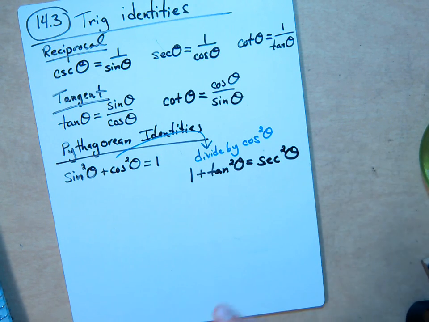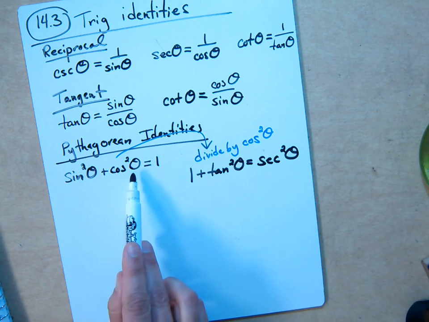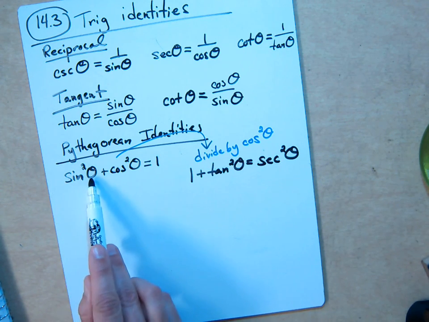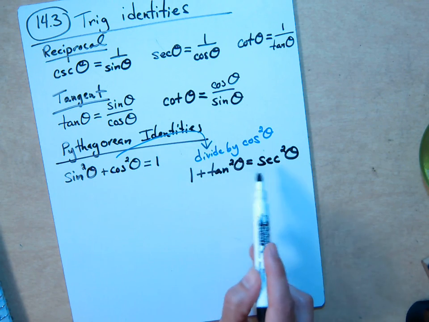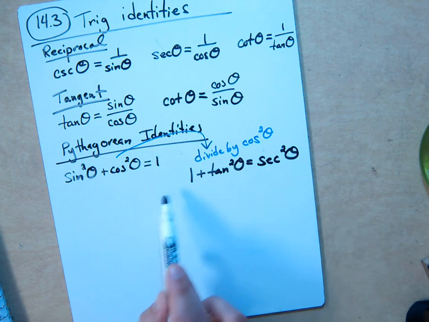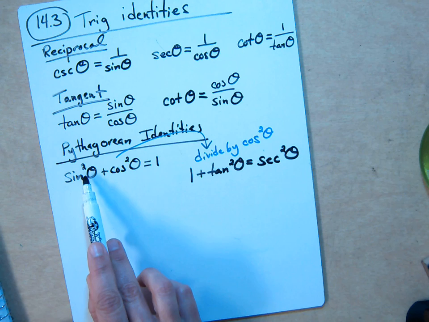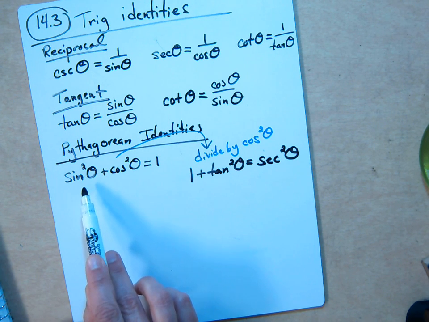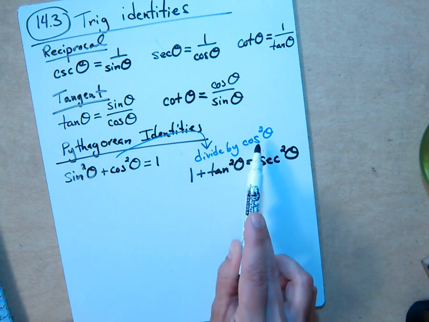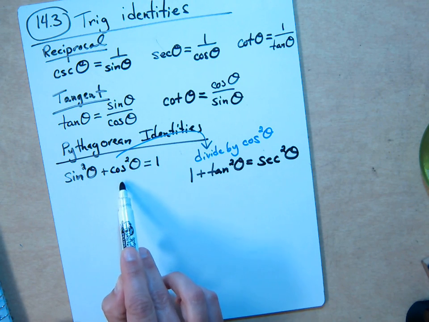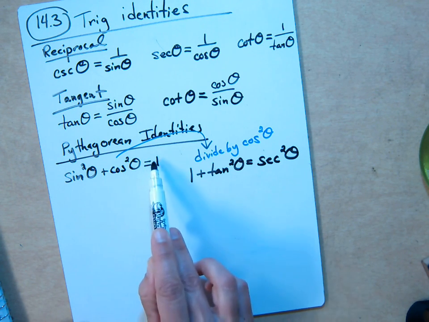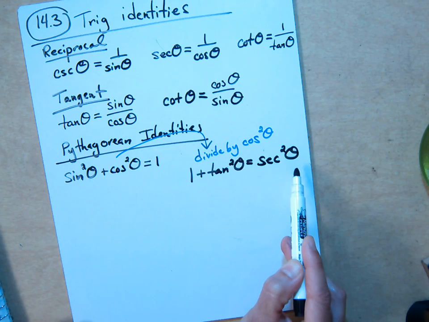The reason I want you to derive it in your homework is so that you don't have to memorize it. You would take this and divide everything by cosine squared, and you will get this when you simplify it. You can see where the 1 comes from right away. Sine squared over cosine squared, actually, that is tangent squared. Cosine squared over cosine squared is 1, and 1 over cosine squared is secant squared.